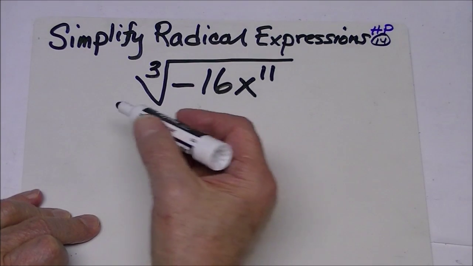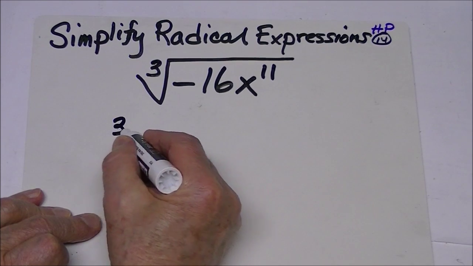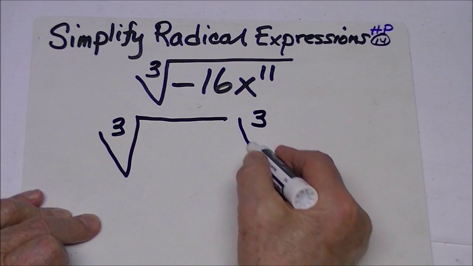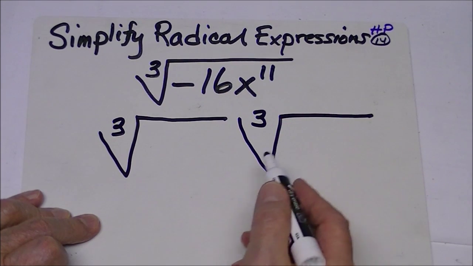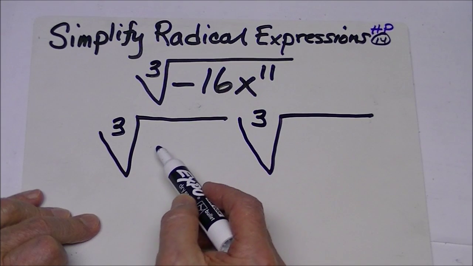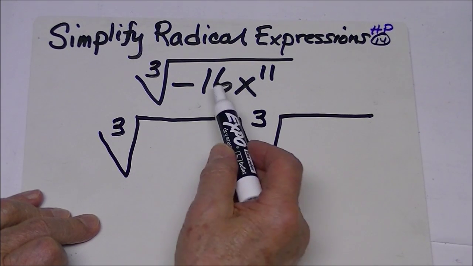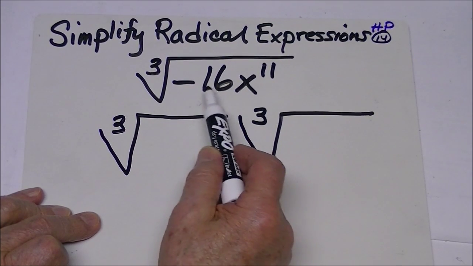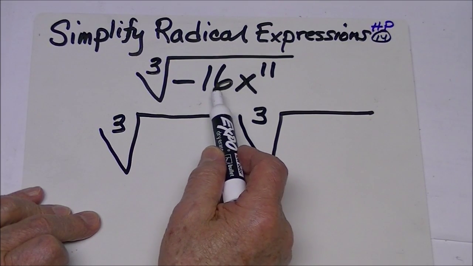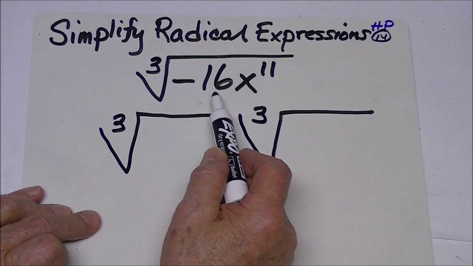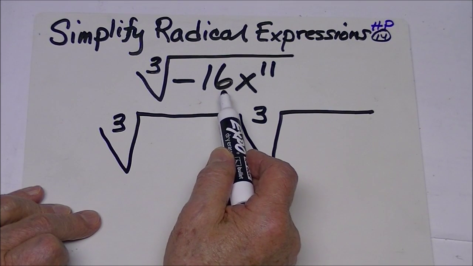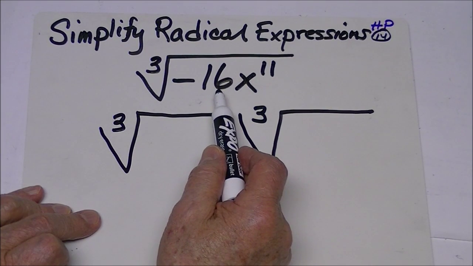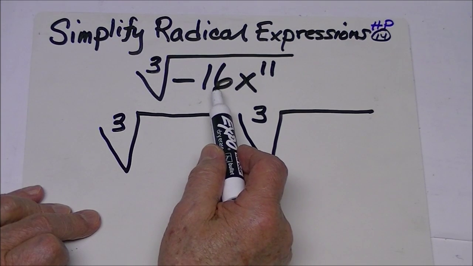So in class, we said the strategy to do this was to set up two radical signs. And under one radical sign, we're going to put any cube factors that we might get from that part of the radicand that is the number. Now if we divide 16 by 2, we get 8.